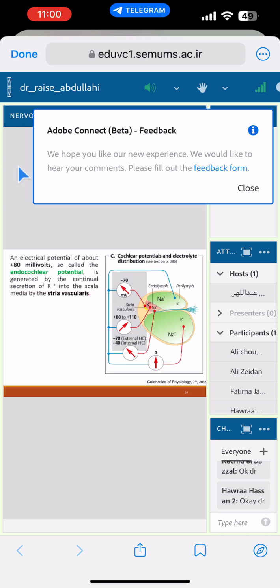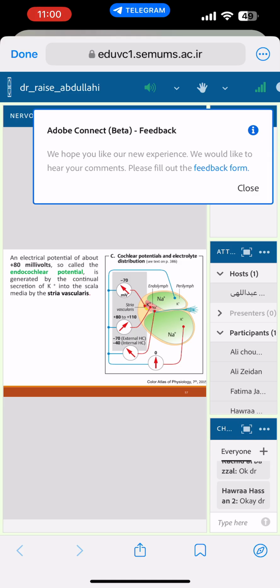And because of this difference between sodium and potassium concentration, an electrical potential of about positive 80 millivolts, called the endocochlear potential, is generated by the continual secretion of potassium into the scala media by the stria vascularis.